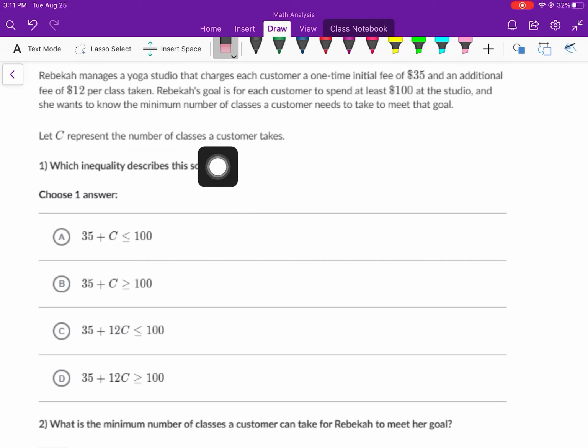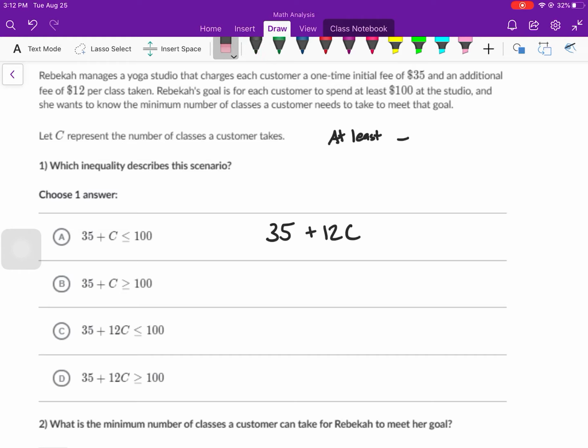So let C represent the number of classes a customer takes. Which inequality describes this scenario? So she's starting with a $35 fee, and it's going to cost $12 per class. And she wants it to be at least, so if you think about it, at least would be greater than or equal to.